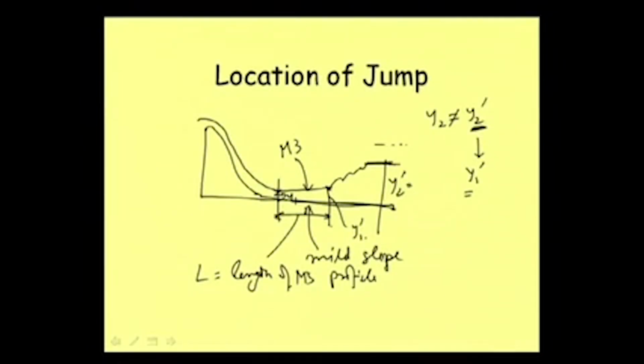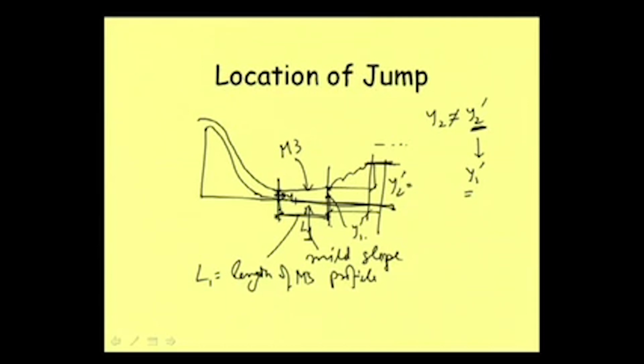Suppose this length is L1. Once we know this L1, then from this point where we are observing y1, we need to add this L1, and this will give us the location of this hydraulic jump. And then what will be the length of hydraulic jump? That also we know from the height.